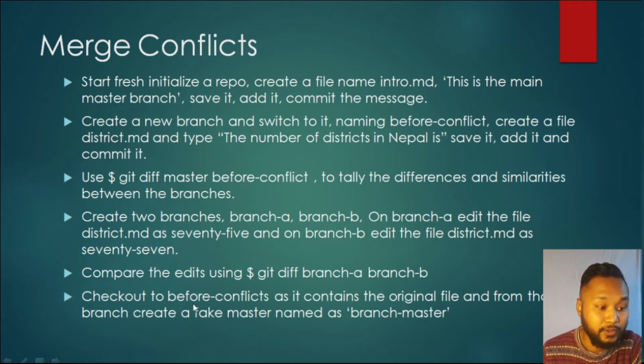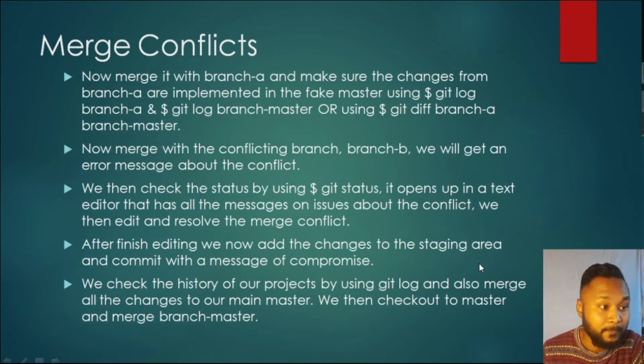We check out to before conflict, as it contains the original file, and from that we create a branch which is quite like a fake master, named branch master. Why do we do it? Because we want to merge everything on that fake master without changing before conflict, and then the conflict will arise.